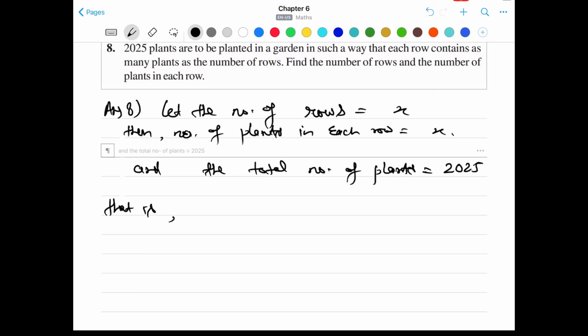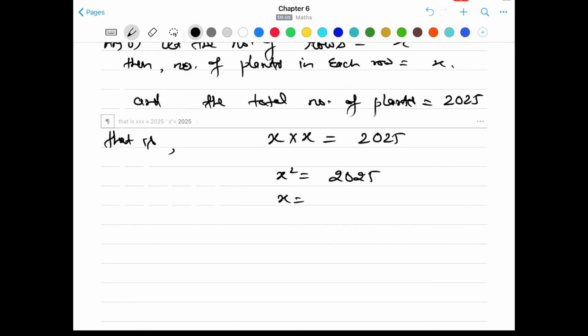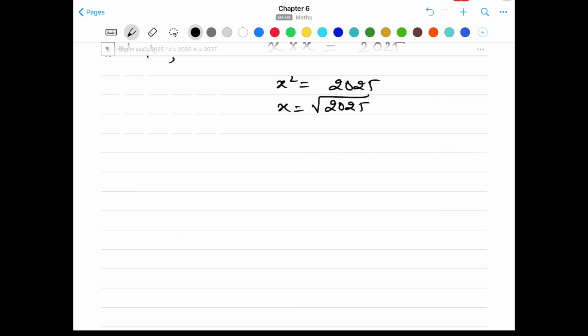We are getting this 2025 by multiplying the number of rows and the number of plants in each row. That is, x square is equal to 2025, or x from here will be the square root of 2025. Now we have to find the square root of this number by the prime factorization method.